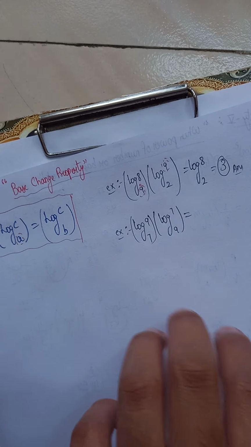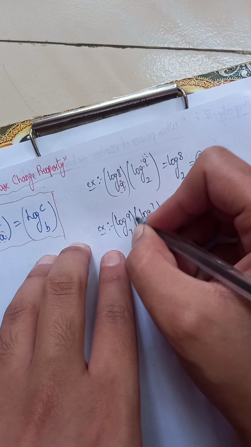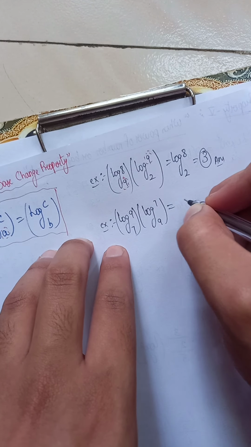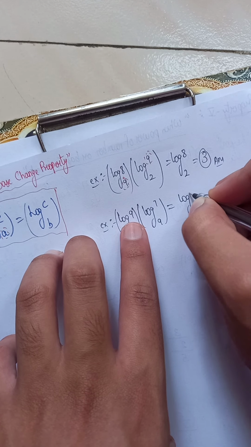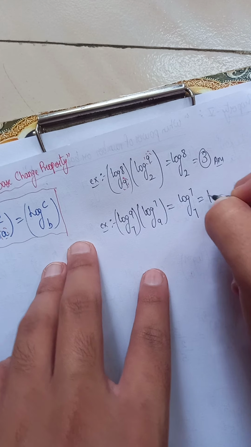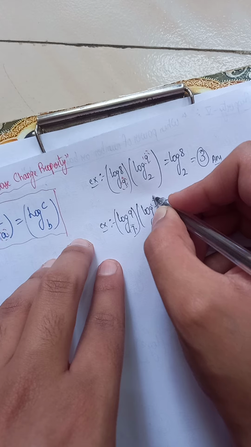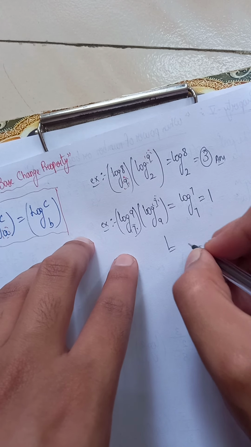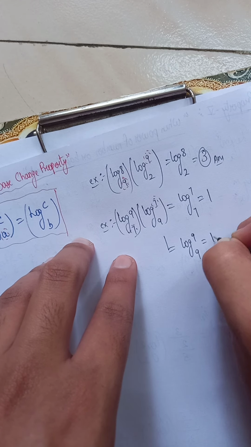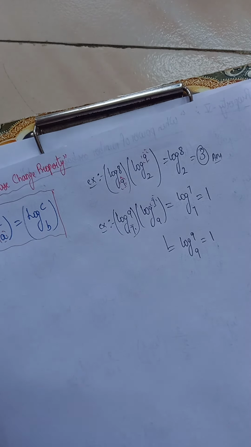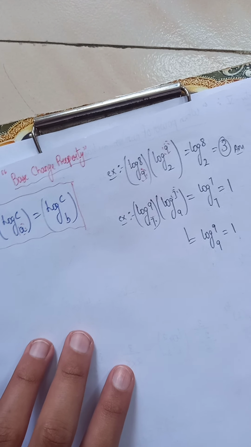The first way is, see, 9 is common here, so we can write it as log 7 to the base 7, which is 1. Another way is that, see, even 7 is also common. 7 in the base and 7 in the number, they are common, so we can write it as log of 9 to the base 9, which is also 1. So this example is quite simple. Okay.